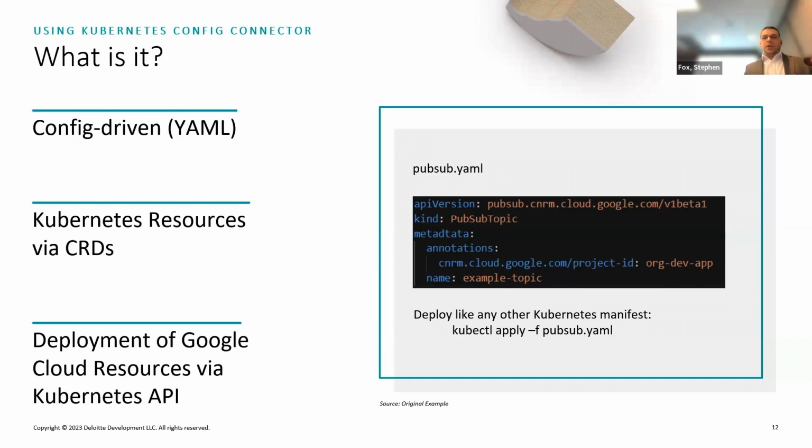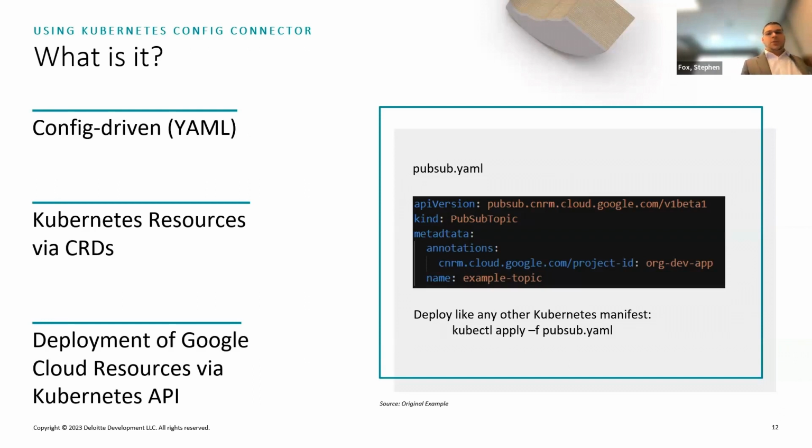I'll go into more detail there in a couple of slides, but just high level, what is Kubernetes Config Connector? Rather than writing your HashiCorp Configuration Language, KCC exposes resources with these custom kinds. So you can see kind PubSubTopic.